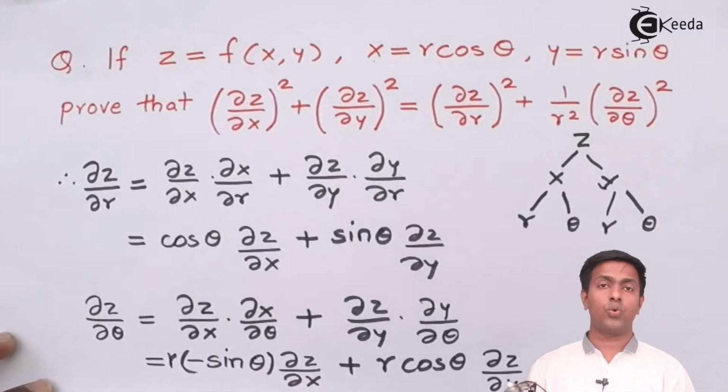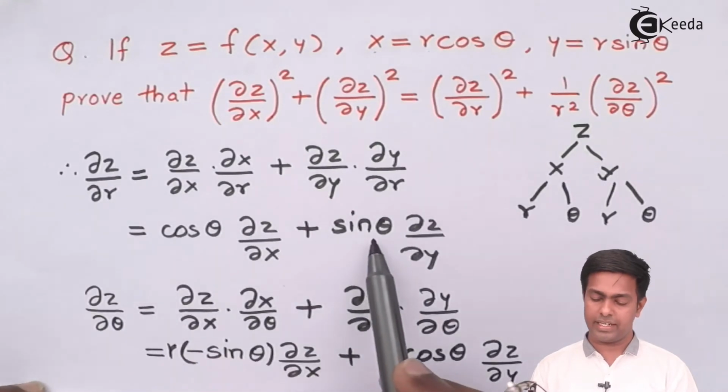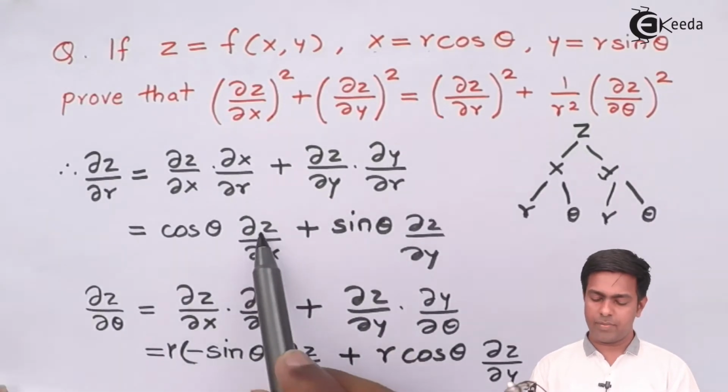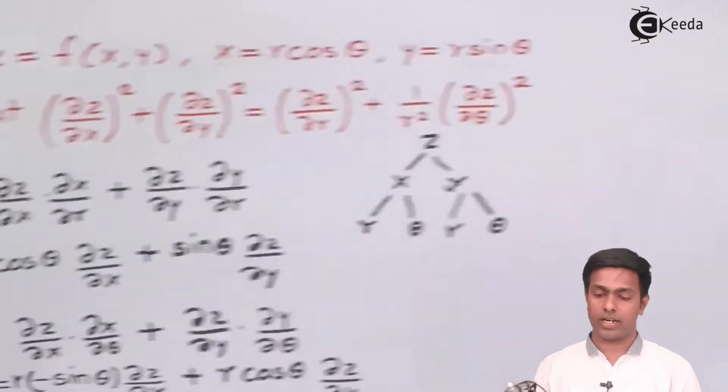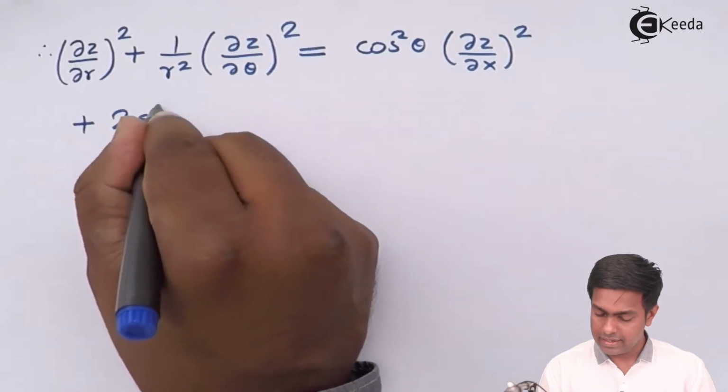Next, 2ab, so 2 into cos theta into sin theta into del z by del x into del z by del y. So here I'll write down, that is plus 2 sin theta.